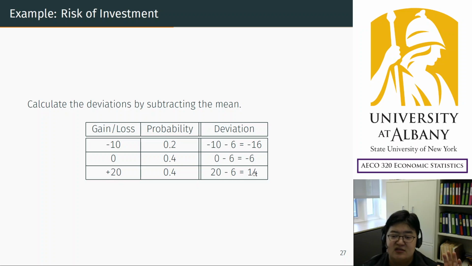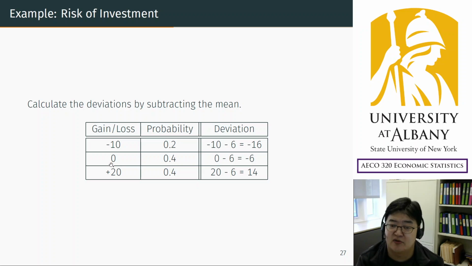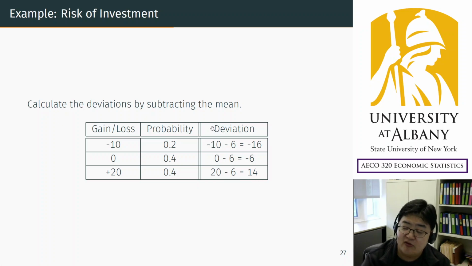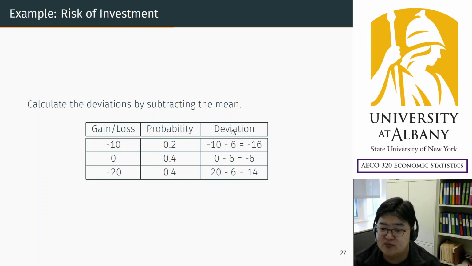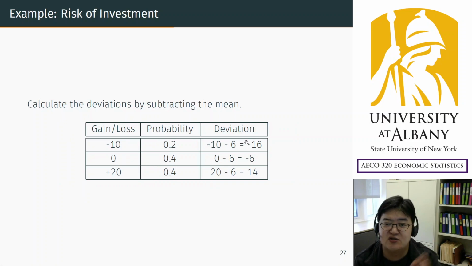And plus 20 is $14 above the expected return. So this way, again, we have three deviations because there were three possible outcomes. And remember, this is a transformation of a random variable. And in chapter 3, we learned that even after the transformation, the probability will be the same in this case. So we don't need to worry about the probability.